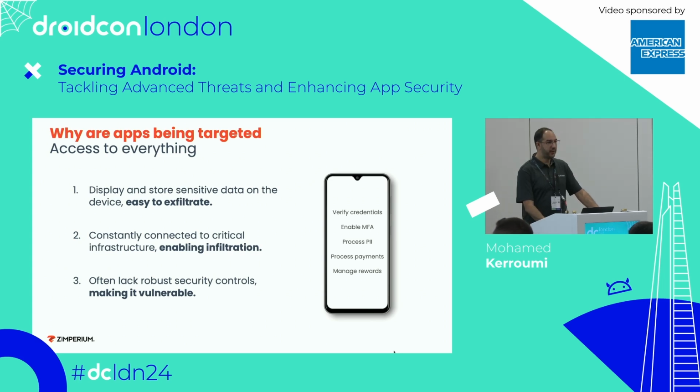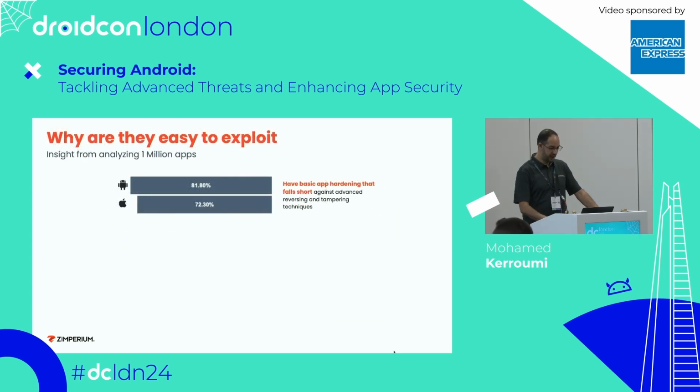And we do have some numbers, basically because at Zimperium, we work with Google, and every app that gets pushed into the Google Play gets analyzed by our engine, and we kind of know what's going on in the field. And you can see here a big number: almost 82% of the apps don't have proper protection against static attacks.